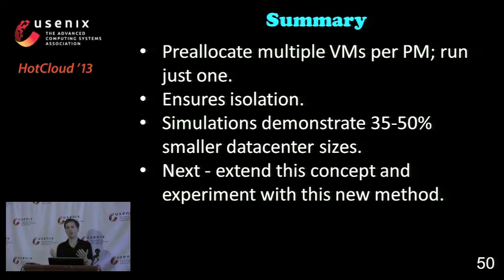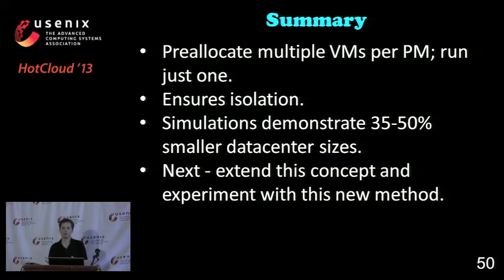So you don't want to have many machines staying in RAM waiting. There's also the issue of hard drives. You can only have so many virtual machines pre-allocated or preloaded on your hard drive. We had to choose some number to perform the simulation.